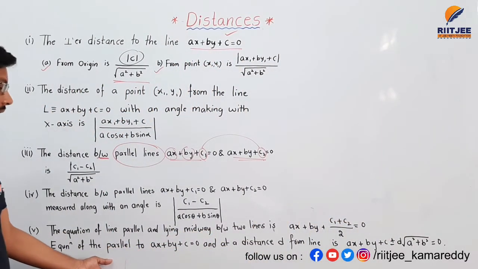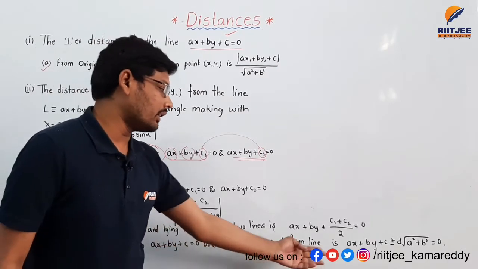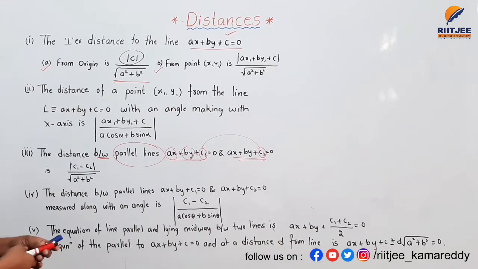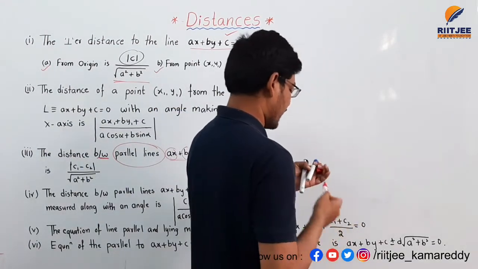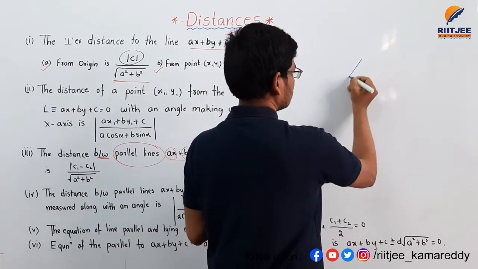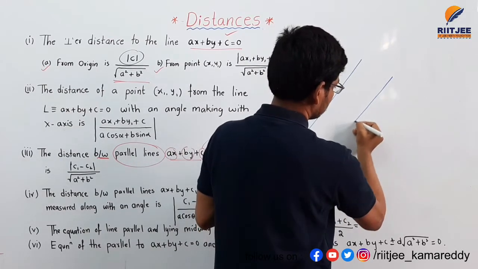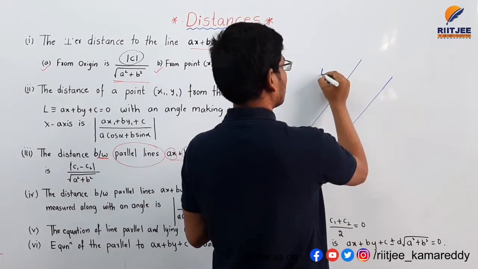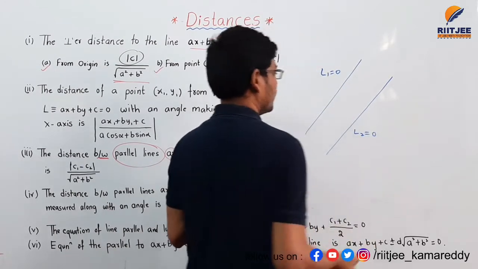the equation of a parallel line ax plus by plus c is equal to 0 at a distance from the line. For example, I am taking two parallel lines here. This is one line, and this is one more line. This is L1 is equal to 0, and this is L2 is equal to 0.